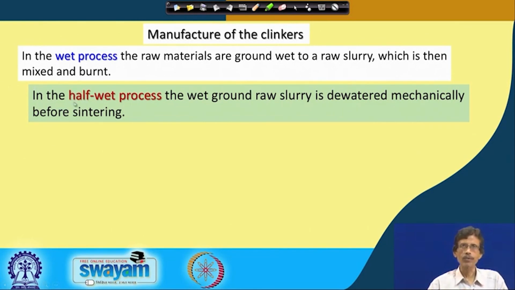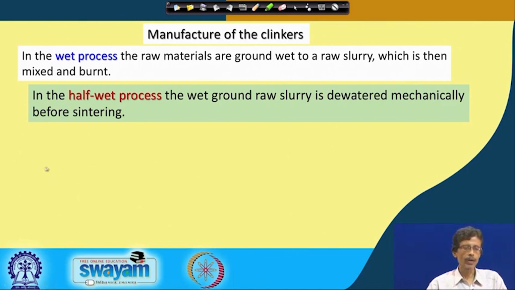Then one particular technique is known as the half wet process. You again have the ground wet process, and the raw slurry is dewatered mechanically before sintering. Some amount of water is removed, which is known as the dewatering process. It can be separated out mechanically by decantation or filtration, basically decantation.